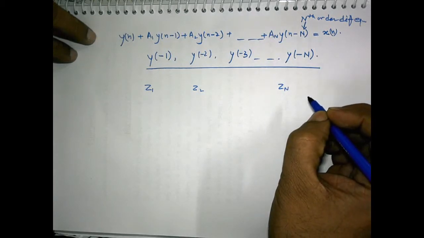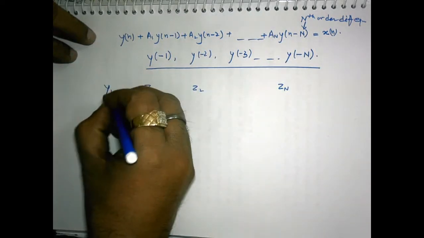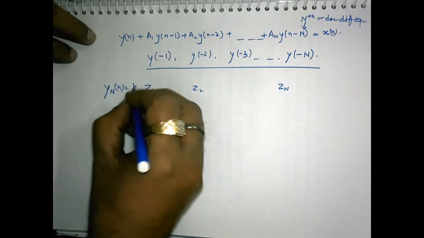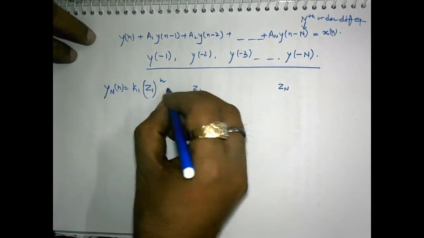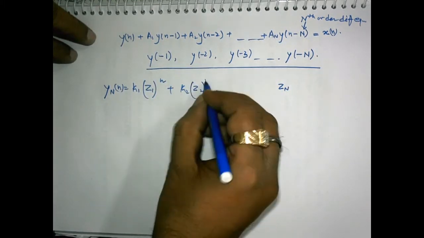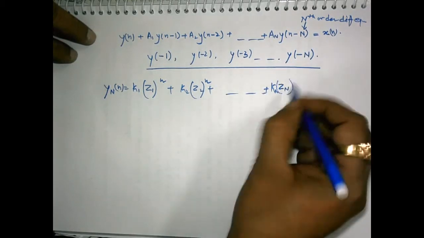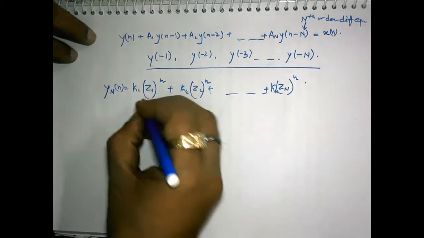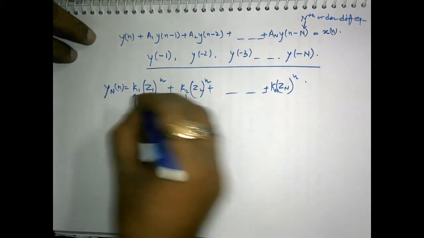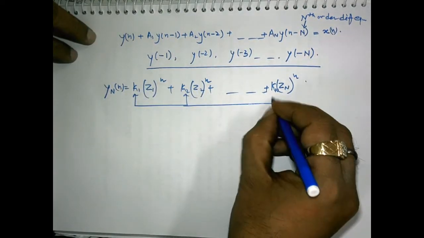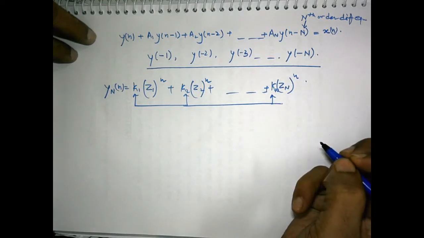So the natural response can be obtained as yn equals k1 z1 to the power n plus k2 z2 to the power n, going this way to kn zn to the power n. And we evaluate these undetermined constants using the given initial conditions and by applying the input equal to 0.